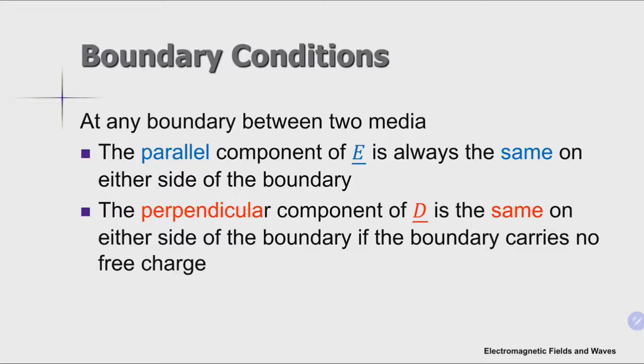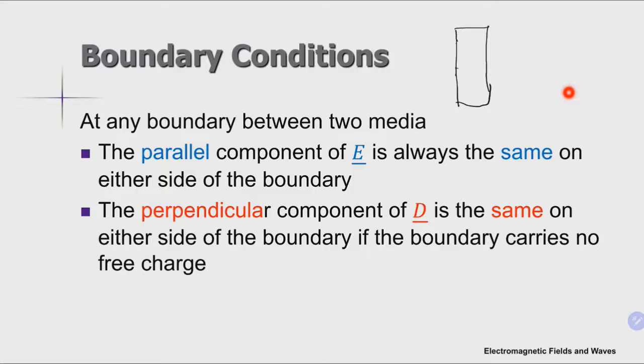There are two conditions or two scenarios. One is where the electric field is parallel to the boundary, and the other where the electric field is perpendicular to the boundary. Just now we talked about a slab of materials.